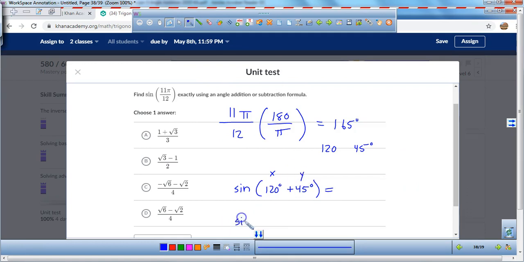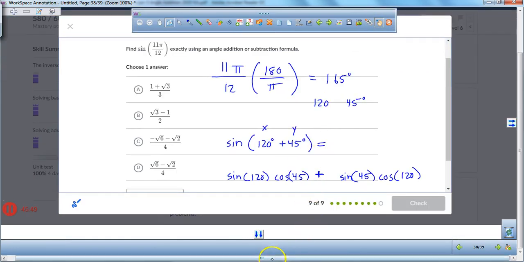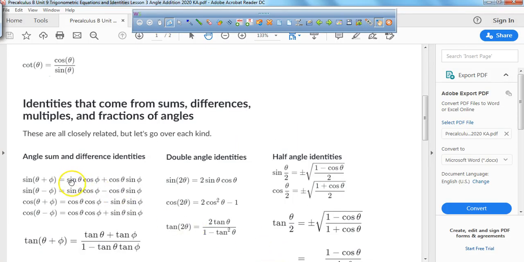We're going to say the sine of 120 times the cosine of 45 plus the sine of 45 times the cosine of 120. So we're going to use that formula: sine of x, cosine of y, plus the cosine of x and the sine of y.